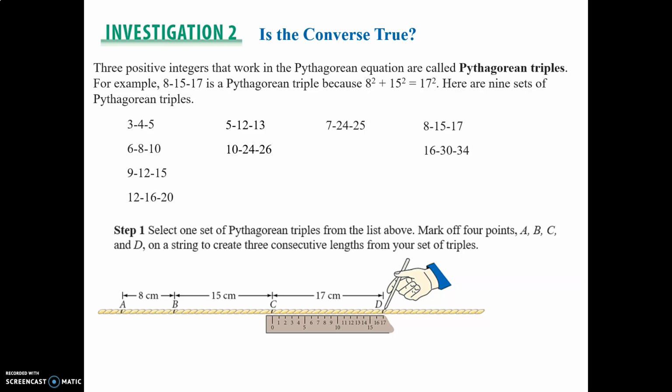If I were to create triangles with the lengths given here, these would all become right triangles. So these are called Pythagorean triples. If you know these, sometimes it'll save you some time, because let's say that they tell you in a problem, in a right triangle, one side is 3 and the other is 4.